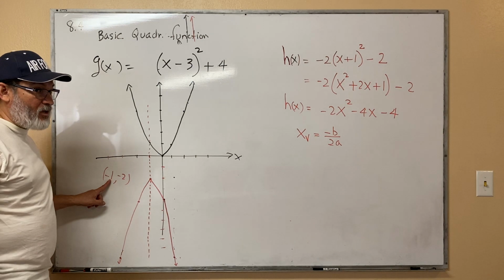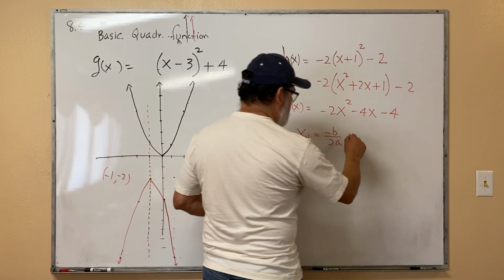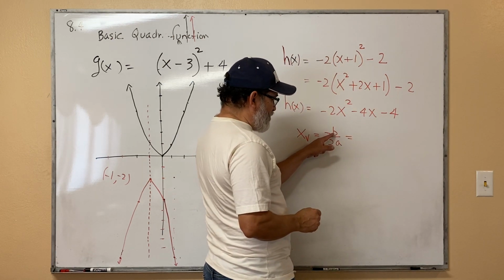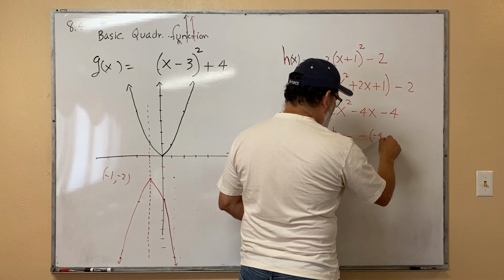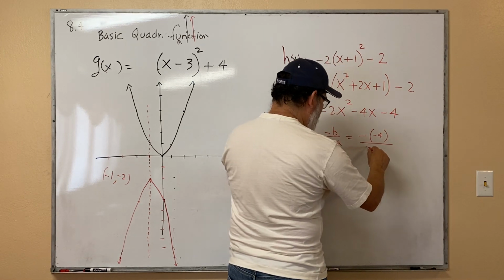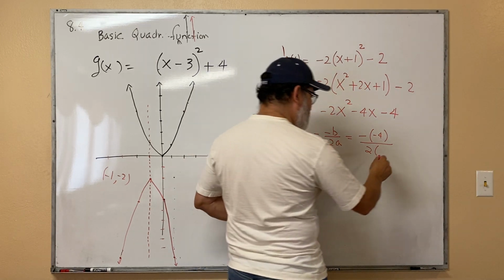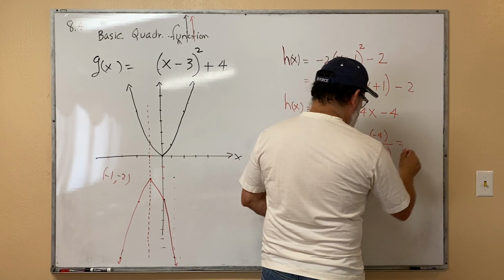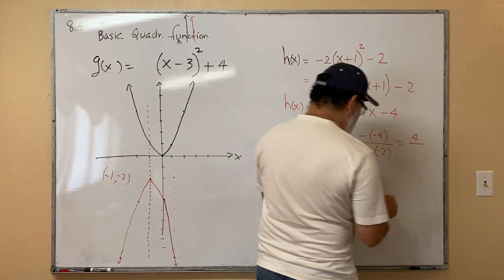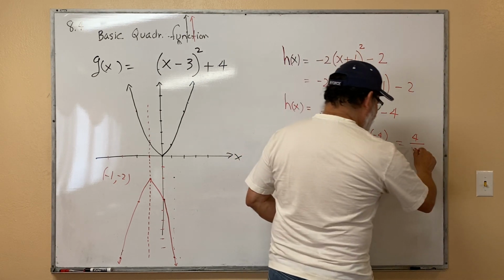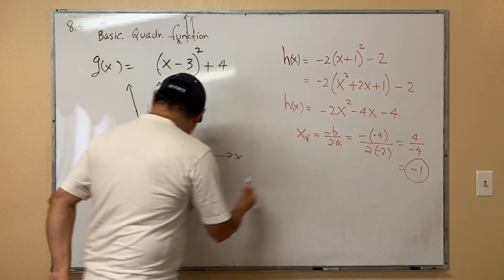We better get -1, otherwise we made a mistake. -b, -4 over twice a. What is a? -2 equals, what's negative times a negative? Positive. What's 2 times -2? -4, which equals -1. That -1 is right there.